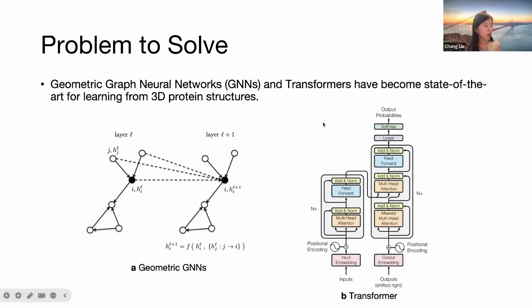But in our categories, we classify these two types of workflows in this analysis, because traditional geometric GNNs and transformer-based methods differ in their ways of building graphs. As I have mentioned, a transformer is a fully connected graph, while geometric GNNs sometimes are not.